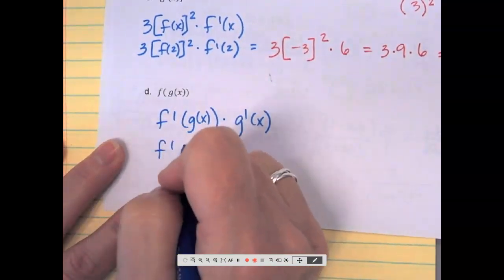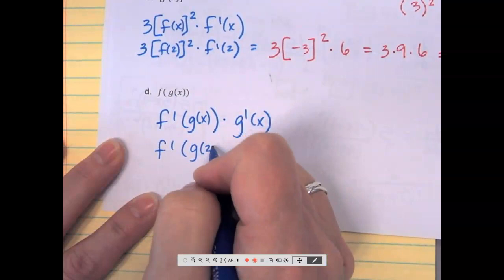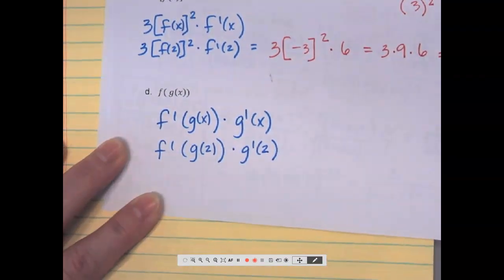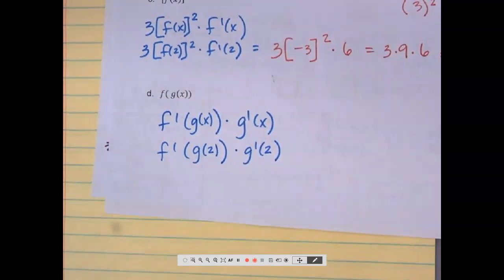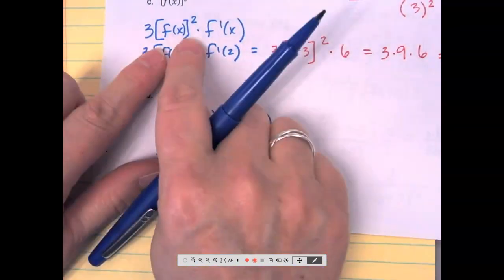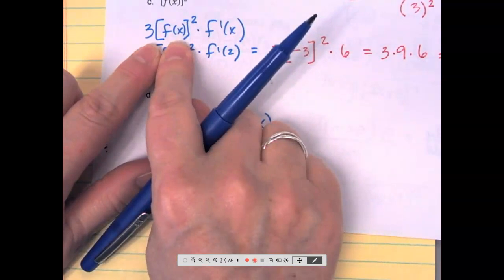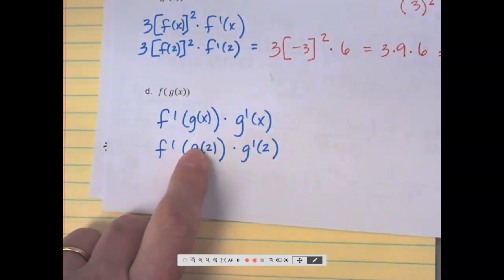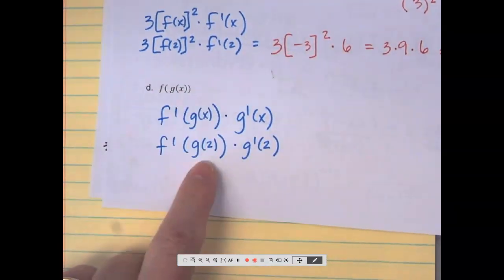F prime of g of 2 times g prime of 2. It's the derivative of the outer with respect to the inside, just like we did up here. So it's f prime of g of x, and then x becomes 2.